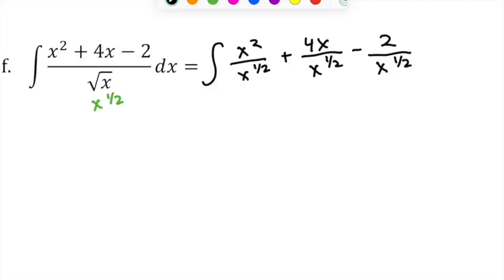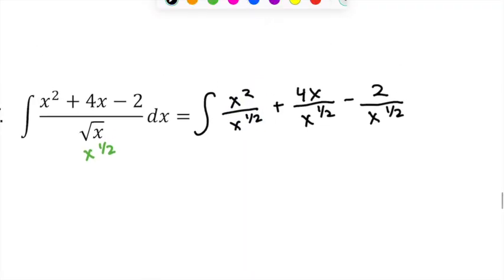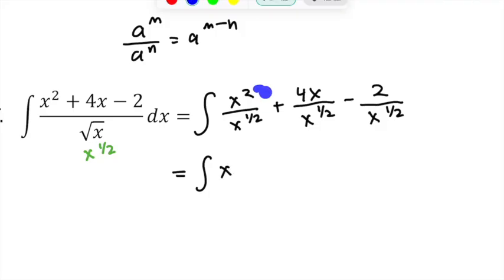And then again, these simplify using exponent rules. So the other exponent rule, when you have two bases that are the same, you can subtract the exponents off of each other. So this is going to simplify to x to the 2 minus a half, which is 1 1/2, or 3 halves, plus 4.